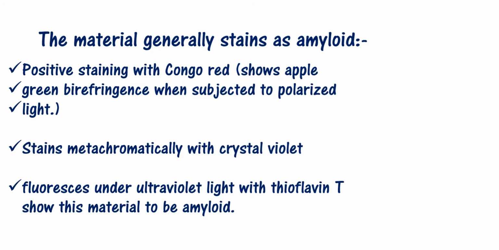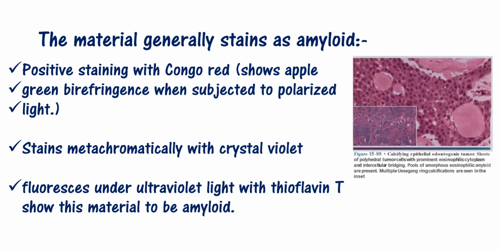Now you need to remember three things. Why is this hyaline homogeneous eosinophilic material called as amyloid? Because it shares common features with it, similar to amyloid. The first feature is it stains positive with Congo red.